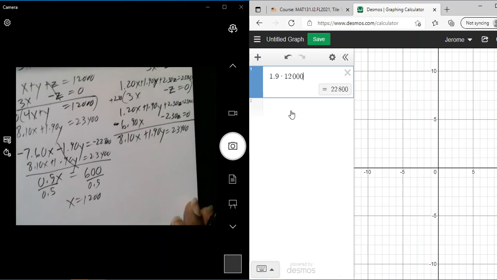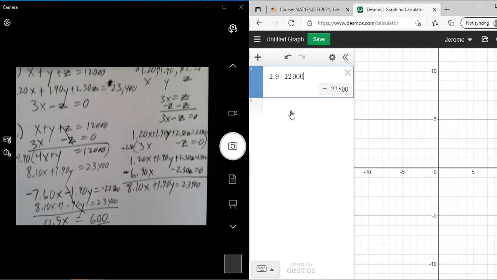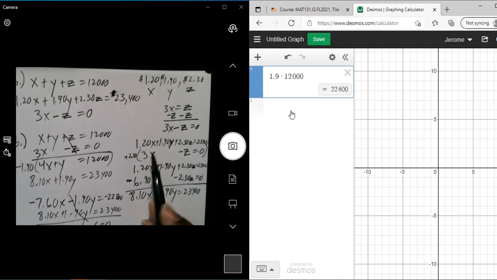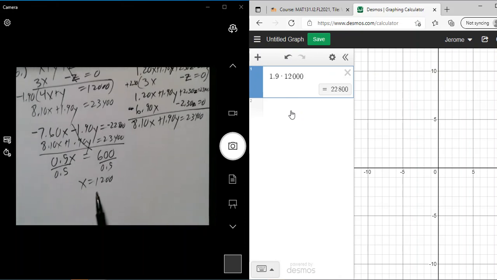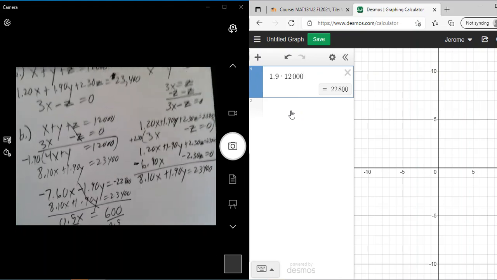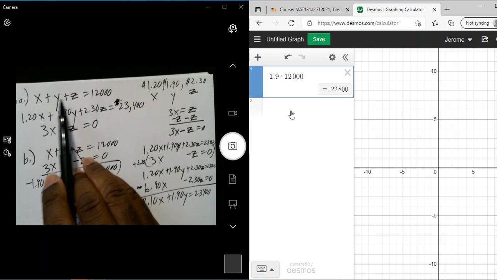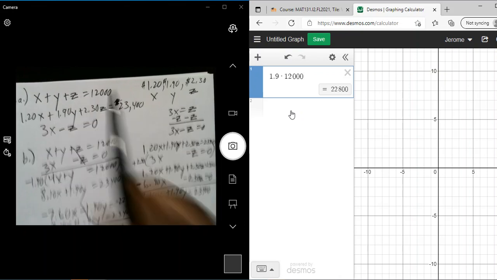So since X is 1,200, now the problem becomes very easy. Because if we go back up here, remember 3 times X is equal to Z. So we multiply this by 3, and our Z would be 3,600. Now, we go back here, in the original equation, it says X plus Y plus Z is 12,000.